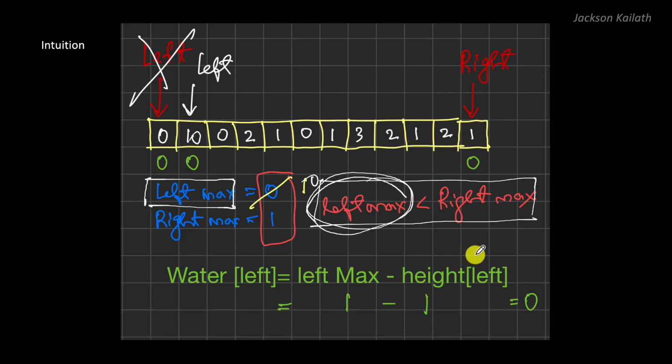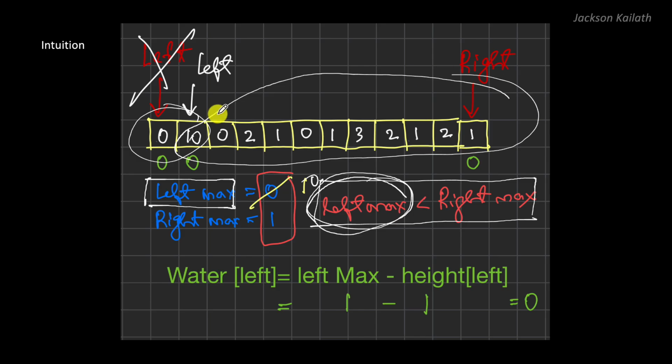The answer to that is it would not be a problem, because remember, when we compute left max and right max, we are considering the height at this particular index in both cases. So if this is a very large value, then we would just want the minimum between left max and right max to equal the height at this particular place, so that height minus height will give us 0. Okay, so we have discussed that.